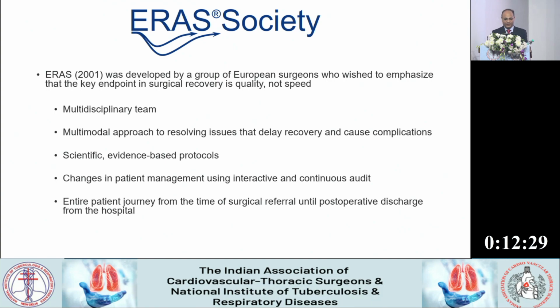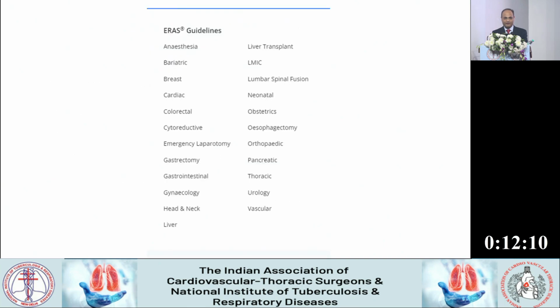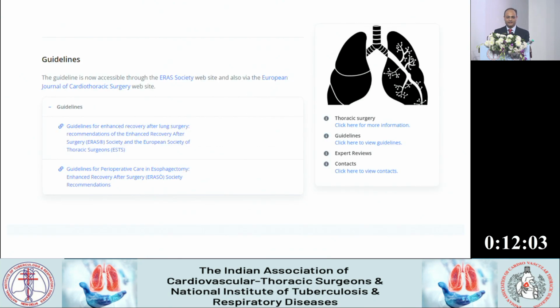The components were a multidisciplinary team, a multimodal approach to resolve issues that delay recovery and cause complications, scientific evidence-based protocols, changes in patient management using interactive and continuous audit, and the entire patient journey from the time of surgical referral until post-operative discharge from the hospital. The ERAS Society has given plenty of guidelines for almost all the surgical specialties. In thoracic surgery, they have given guidelines for lung surgery and esophagectomy.